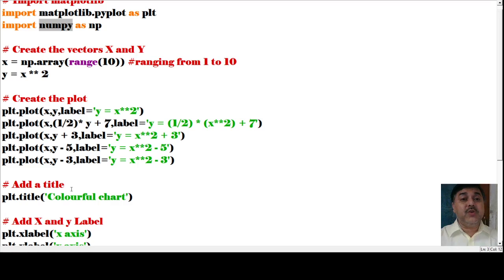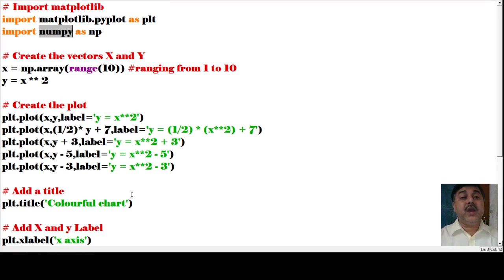That means from here you can see that we have used different formulas for y, but x we have kept constant. The value of x is in the range 1 to 10, and based on that range the particular structure will be imposed.